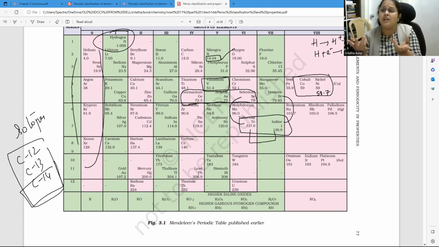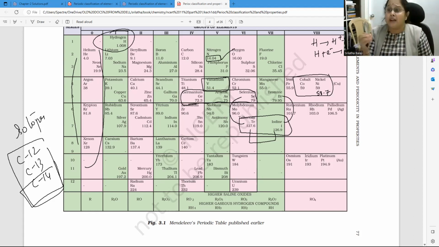Then if I have to speak about demerits, what are the advantages? Why are we speaking about this table? Yes, he was successful in demonstrating a periodic table fitting in 65 elements. That was a great achievement. 65 elements were accommodated, though there were some flaws.